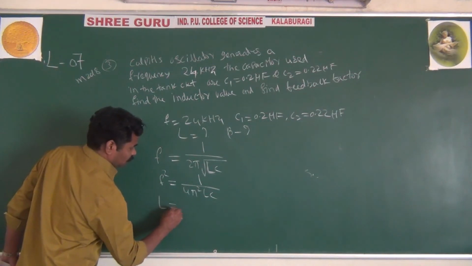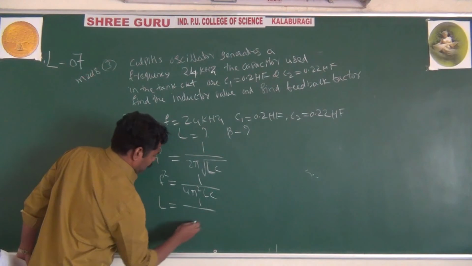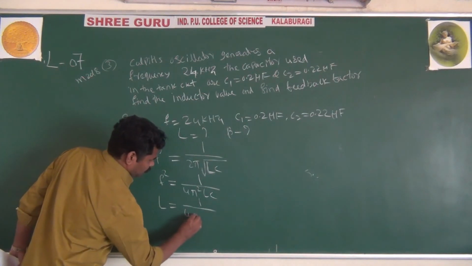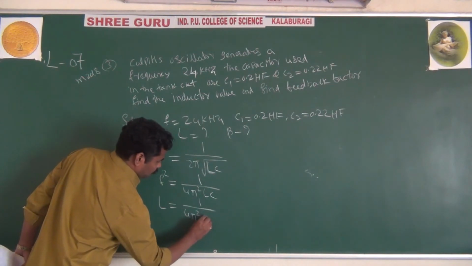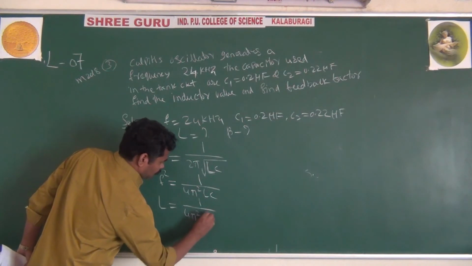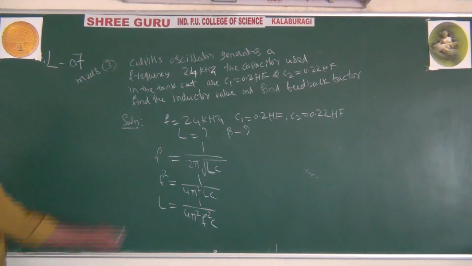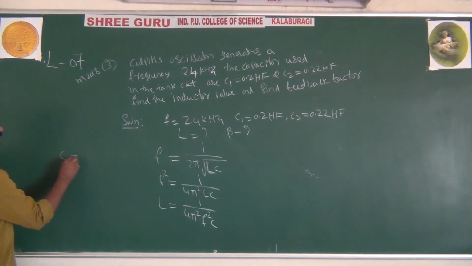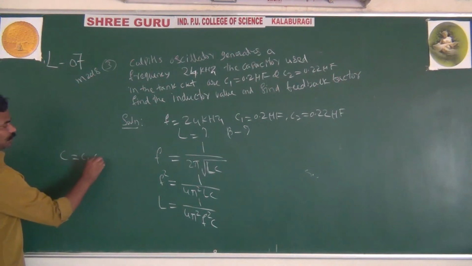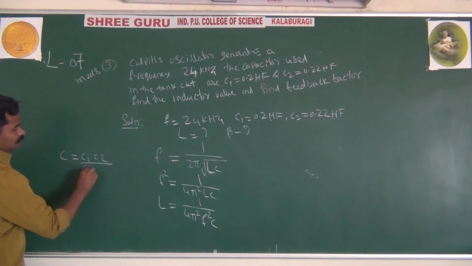L equal to 1 divided by 4 pi square f square into C. And you have to calculate C equivalent as you have done, C1 C2 divided by C1 plus C2.